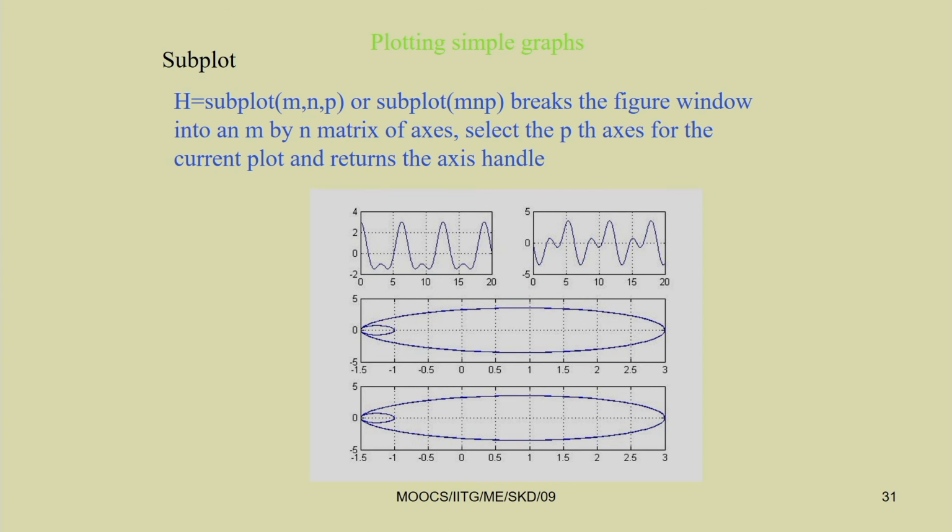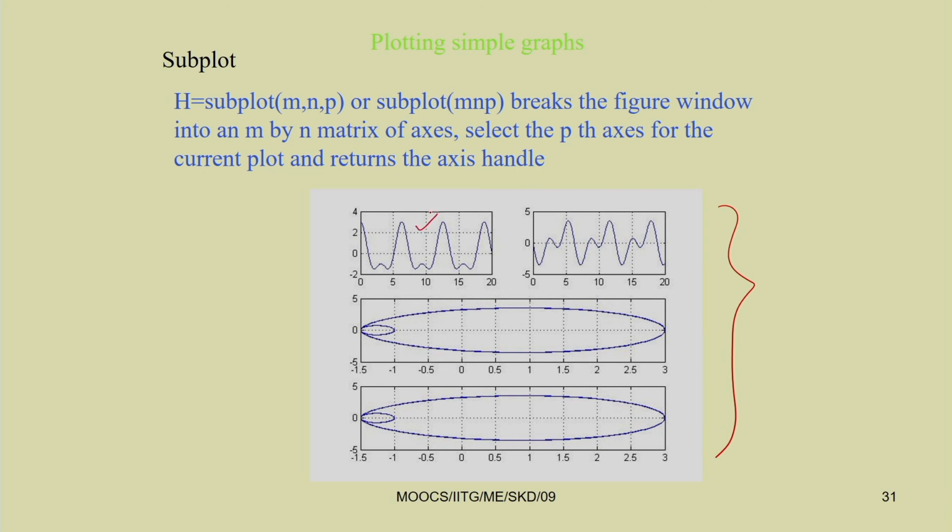So, let us see this thing. If you want to plot multiple plots in a single figure, you can use the subplot command. Last class I told you regarding that thing. In the subplot command, you can use subplot m n p, where m is the number of rows, n is the number of columns and p is the position where you want to place this figure.